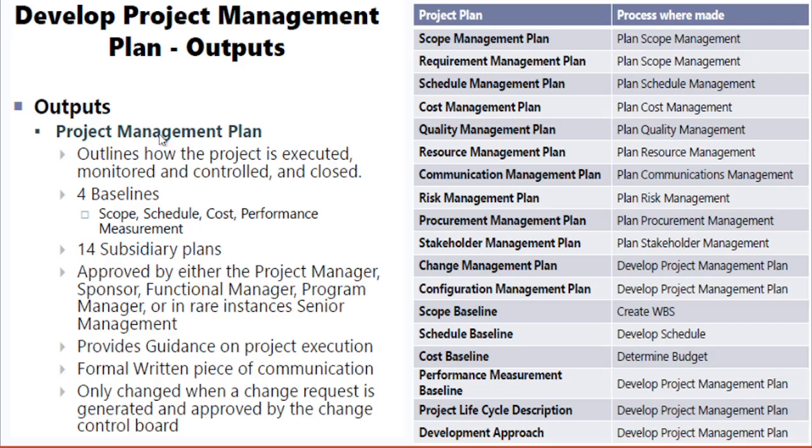So as we've discussed here, the key outputs involve four baselines, as we said: the scope baseline, the schedule baseline, the cost baseline, and the performance measurement. Also, it contains the subsidiary plans, as we have shown before, including the scope management, the requirements management plan, the schedule management, the cost, the quality, the resources, communication, risk, procurement, stakeholder, also the change management plan, where you set all of these changes and you set a framework to apply these changes.